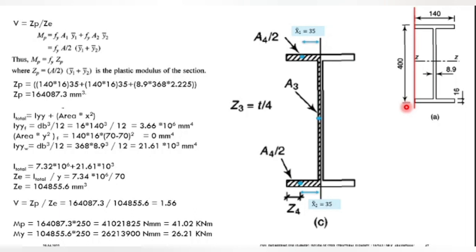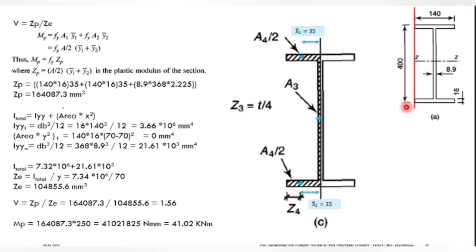Okay. Now you can understand another concept. What is the advantage of having this? You divide 41 by 26. You divide these two answers. 41.02 divided by 26.21. What is your value? You got 1.56.